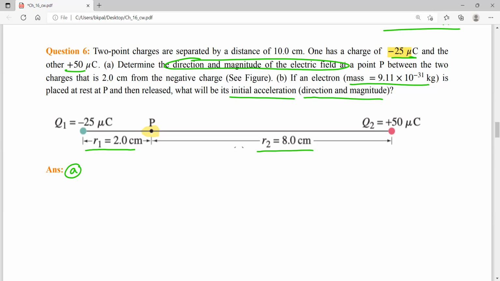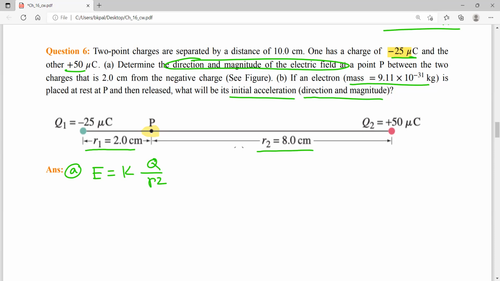Remember that here we are not interested in force, we are interested in electric field, and to calculate the electric field we need only one charge. The definition of the electric field is E equal to K Q over R square, so we need only one charge.